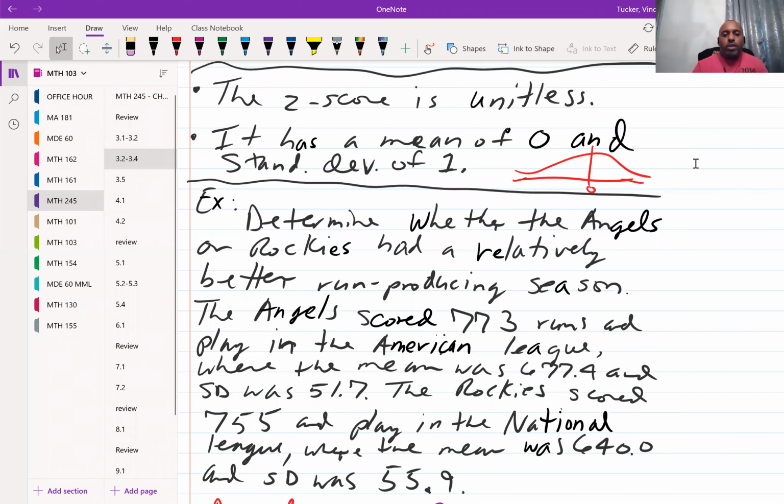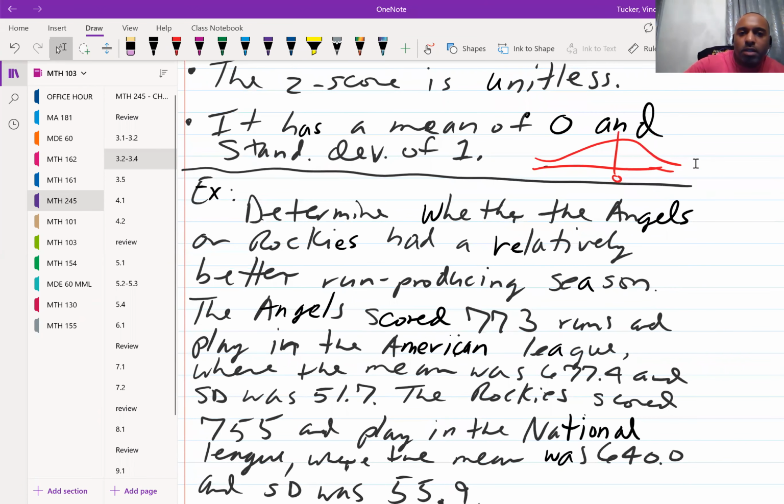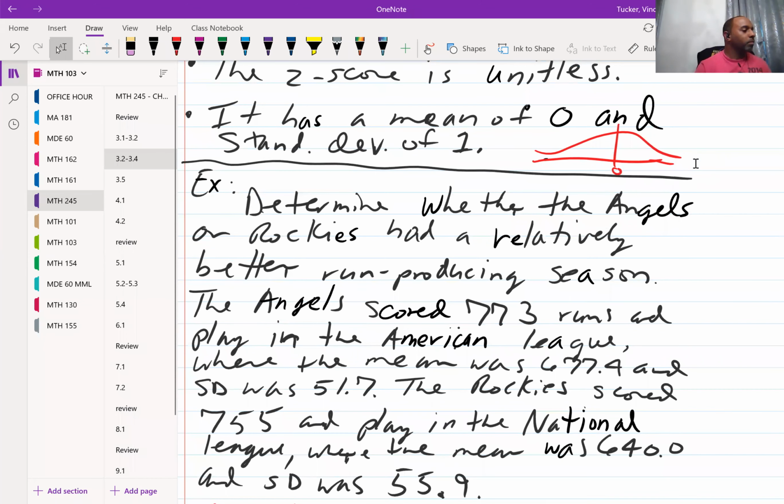The Rockies scored 755 and play in the National League, where the mean was 640 and standard deviation was 55.9. So I'll give you a chance to write that down and we'll go from there.